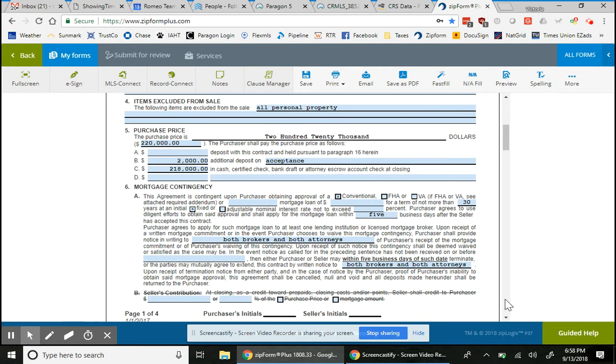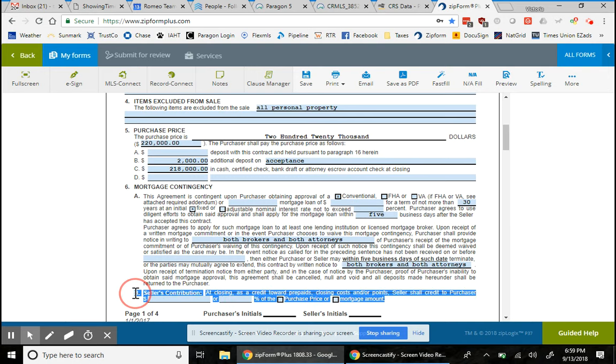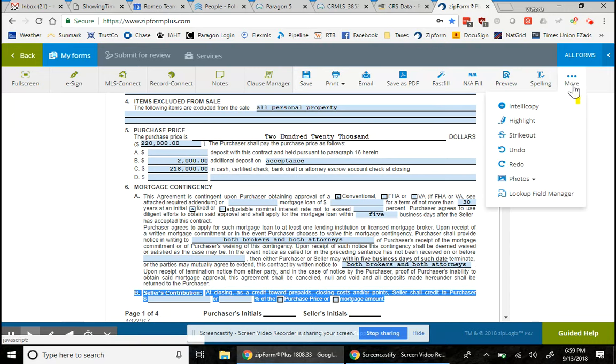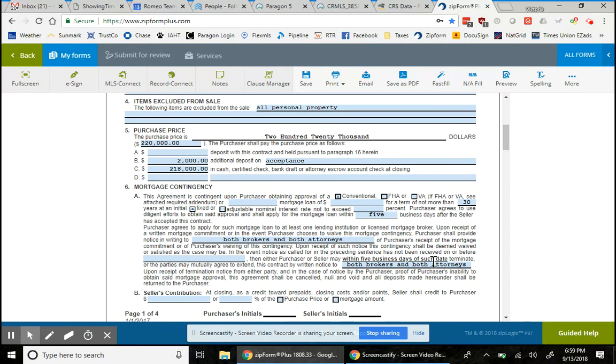And you can strike that whole paragraph out. So if there is no seller contribution, use the strikeout button. It's much cleaner. You can also put NA in those blanks, but it looks much nicer to have a struck paragraph instead. To undo it, just go back up and strike out.